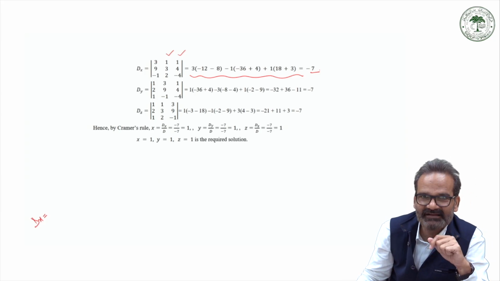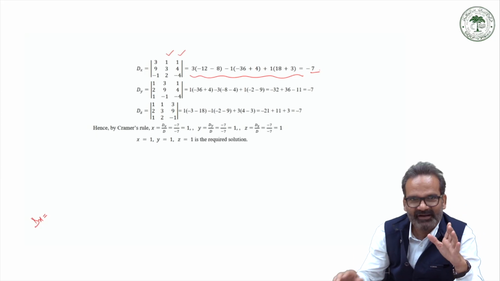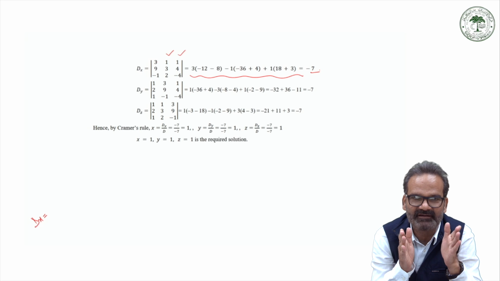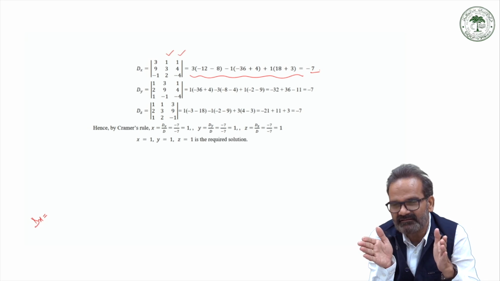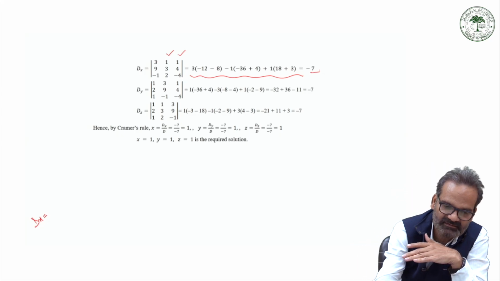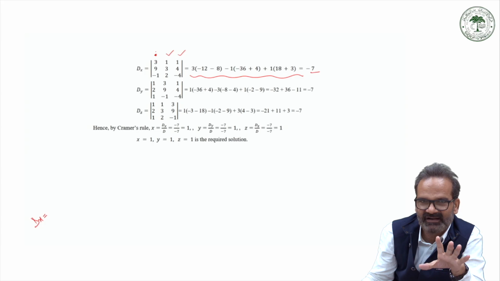Likewise, to find out Dy, are you getting the point? To find out Dx, the first column of the determinant D should be replaced by the constant terms at the right hand side, and the constant terms are 3, 9 and minus 1. So this is our first column which has been changed.